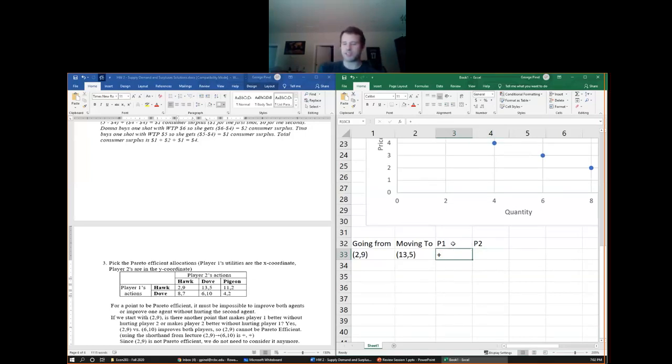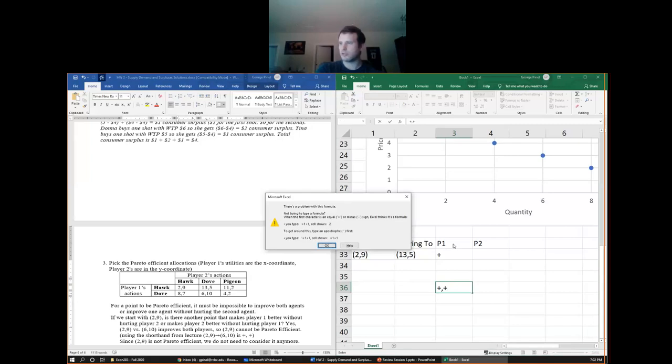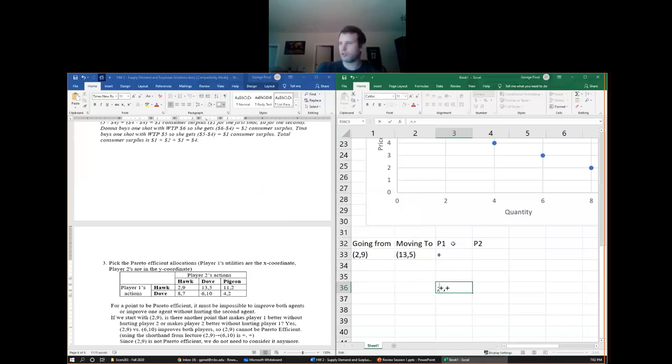Okay. And basically, if I can find an allocation that's a plus plus, if I can find a plus equals, if I can find an equals plus, then I know that both players are being better. Both players do better.